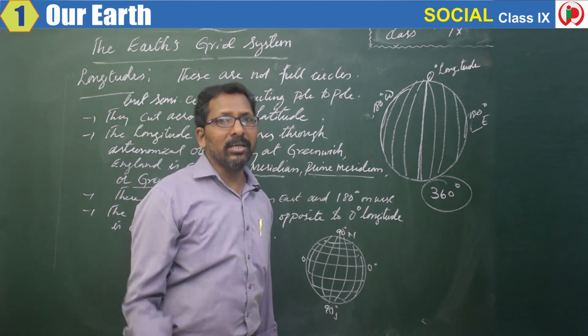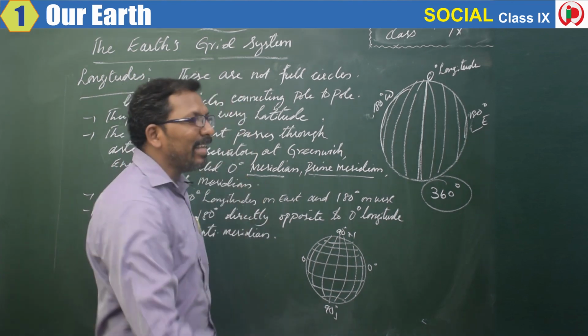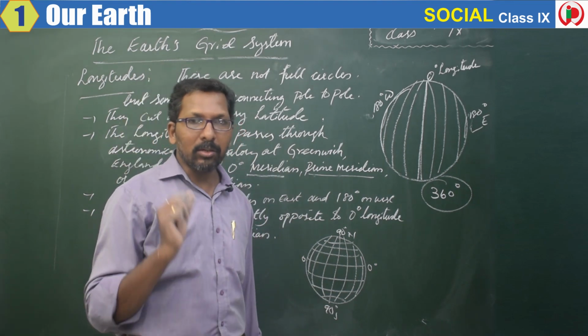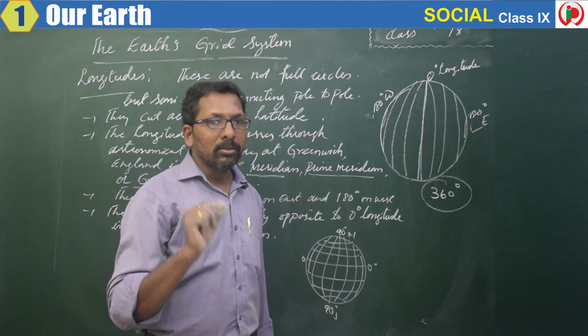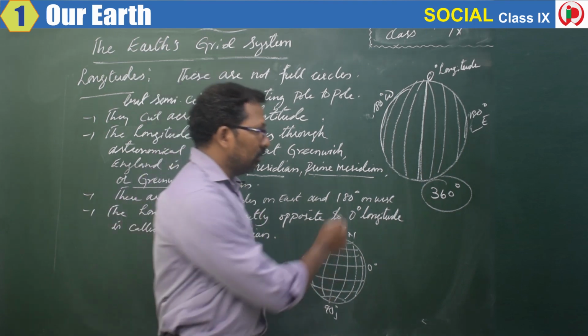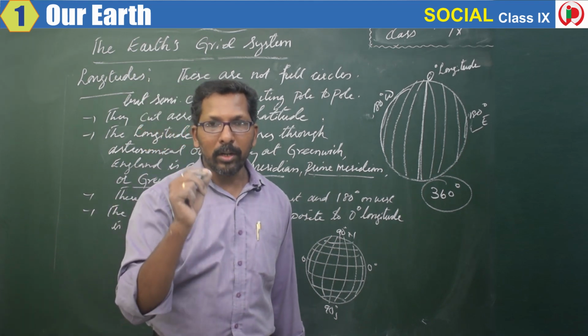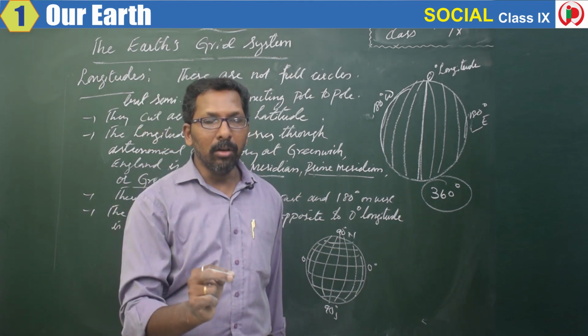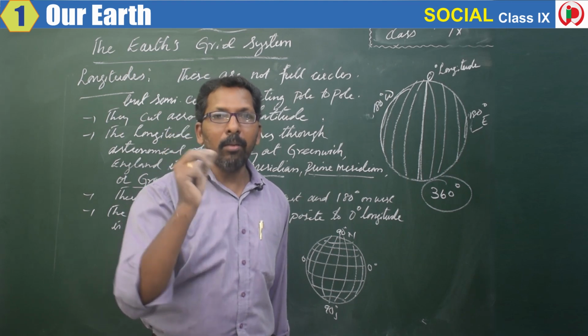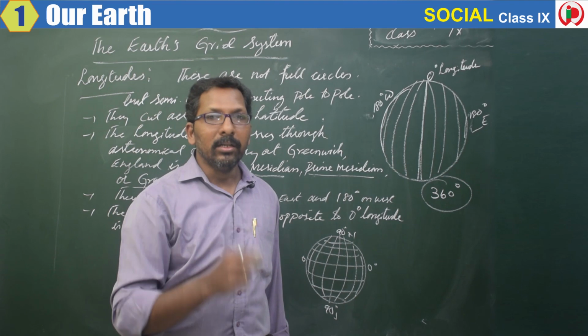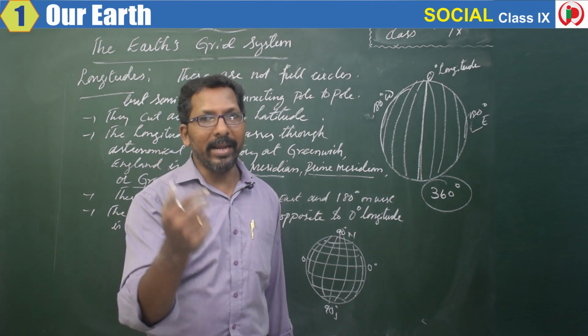Now, one more question here is, why does the 0 degrees pass only through England? This is a question you may be getting, right? The answer is that England was one of the powerful colonial powers during the 16th, 17th or 18th century.